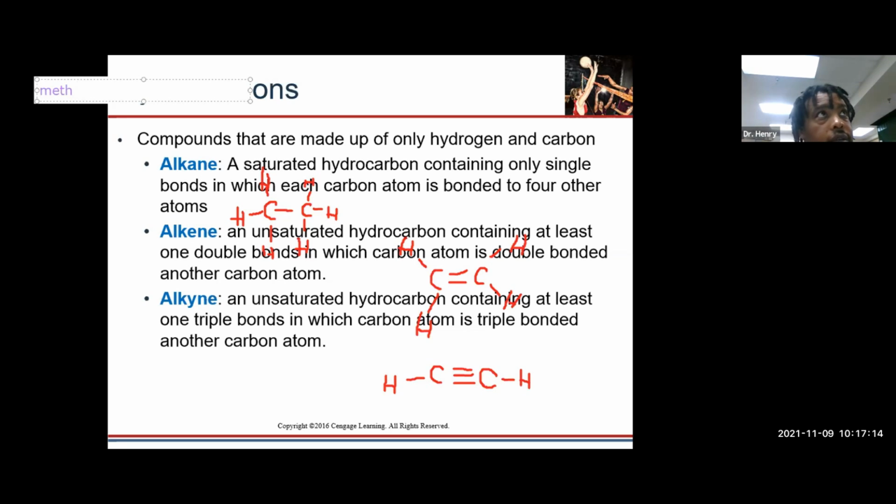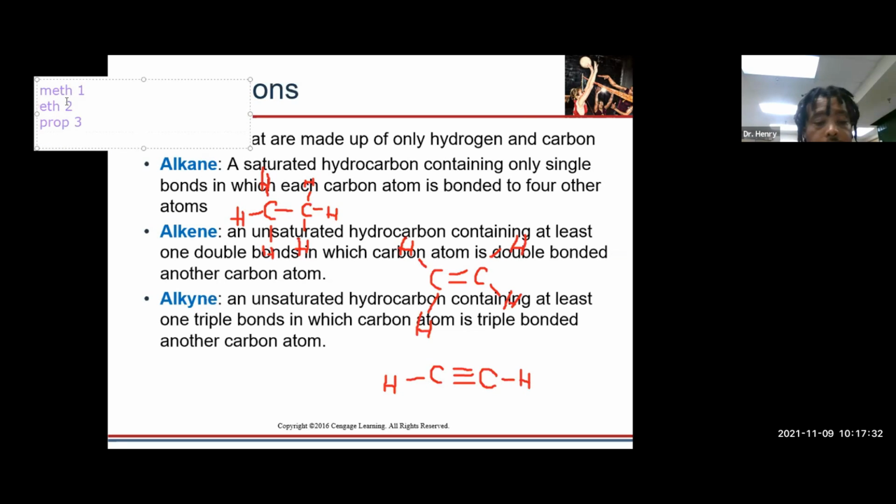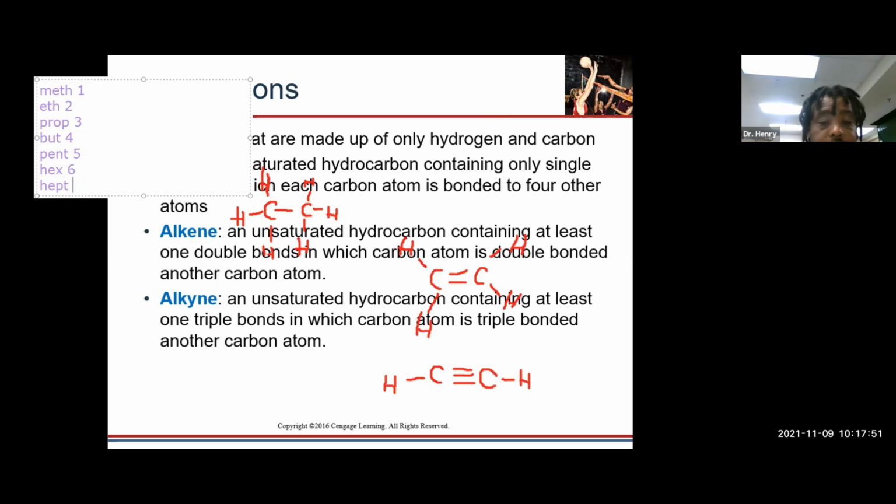So the prefix meth means 1, eth is 2, prop is 3, but is 4, pent is 5, hex is 6, hept is 7, oct is 8, non is 9, and dec is 10.